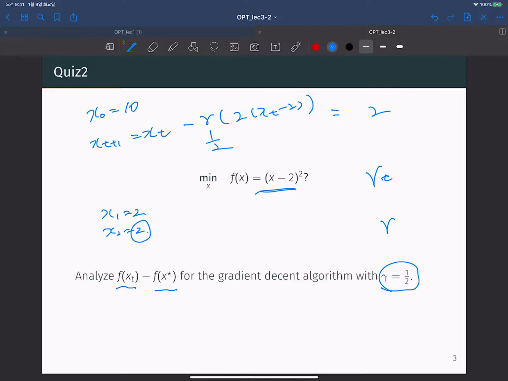With very few updates, we can converge to epsilon distance. But if the function is not quadratic or has some other shape, maybe we need a lot of iterations. So we will discuss which term of your objective function changes the convergence speed.